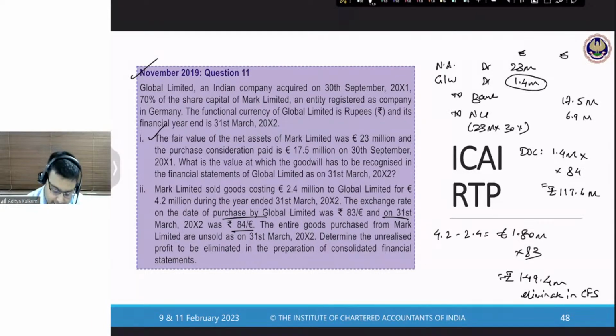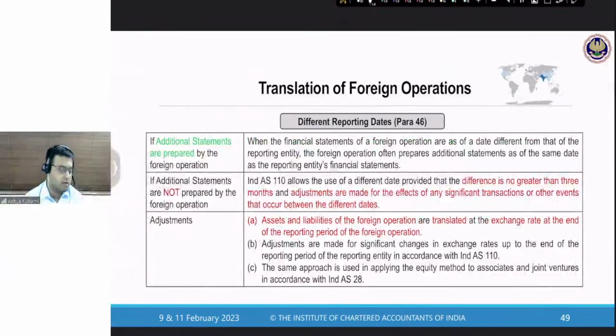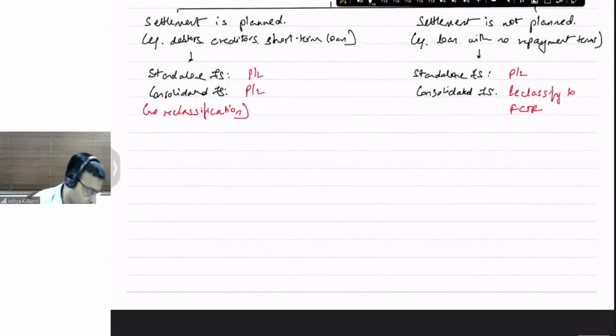All right, and now we come to the questions on disposal of net investment in subsidiary. Very simple. Up till now, whatever balances were there in FCTR, we will ultimately transfer it to profit and loss as a reclassifiable through OCI reserve. Okay, so we just note that particular thing down.